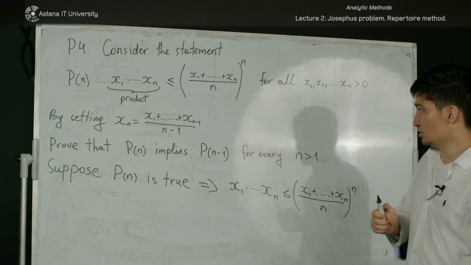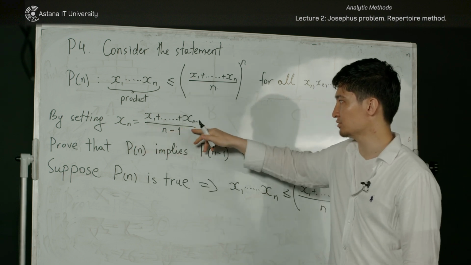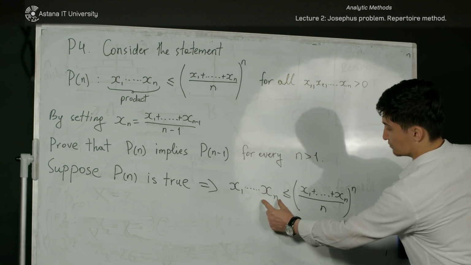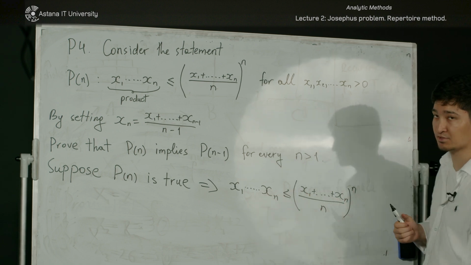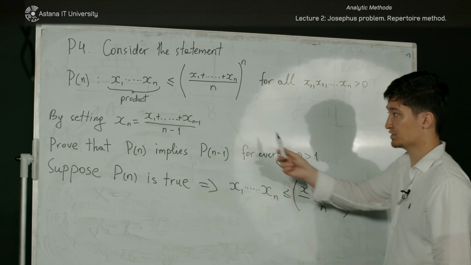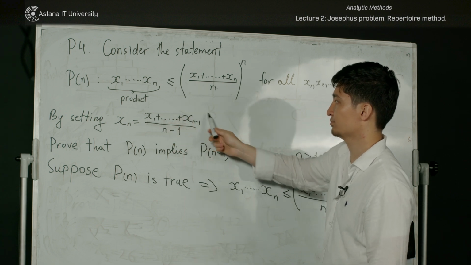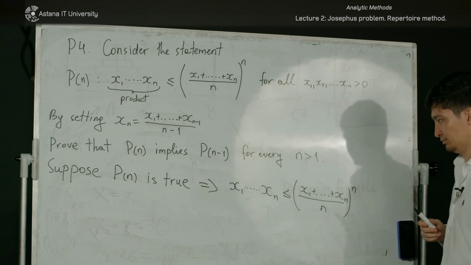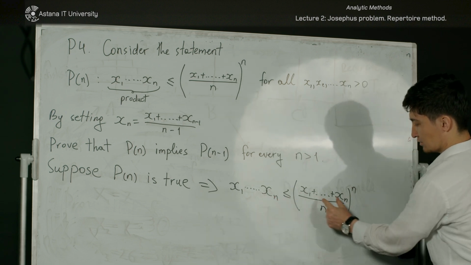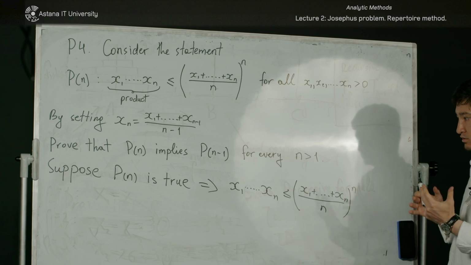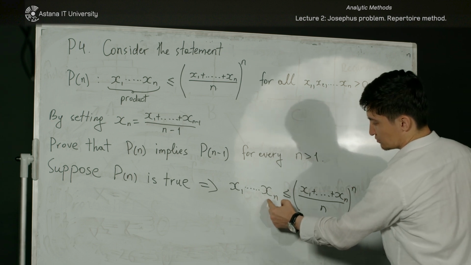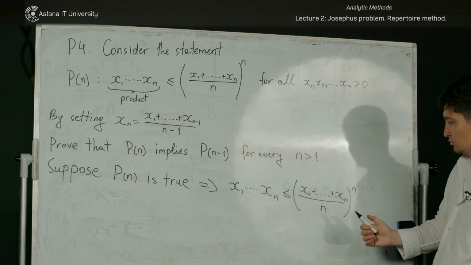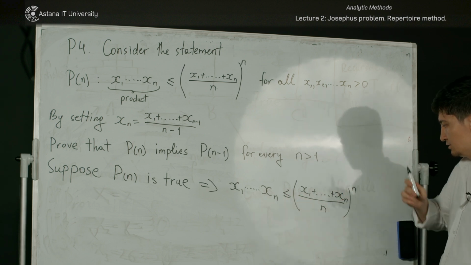So if I'm setting xn to be equal to this, then in this expression and in this expression I have to substitute xn with this expression, with this sum of x's until xn minus 1 divided by n minus 1 over here and over here. Now the question is, what do I have before xn? Before xn I have xn minus 1, in this case and in this case as well.